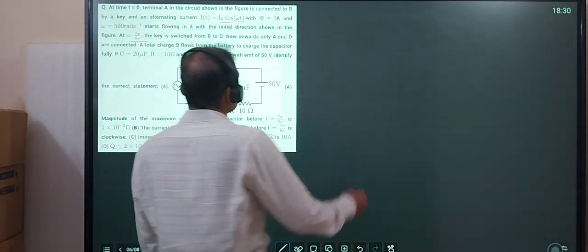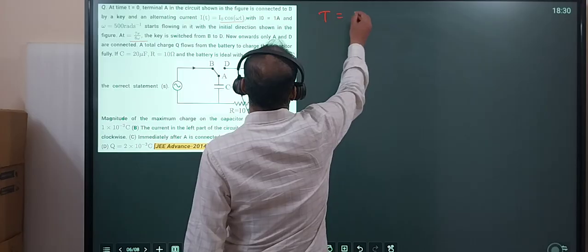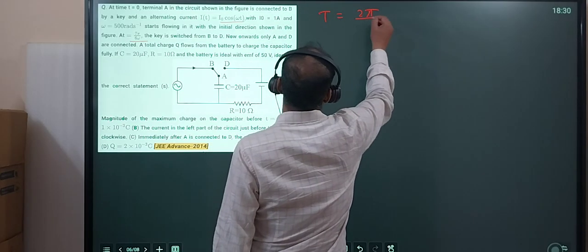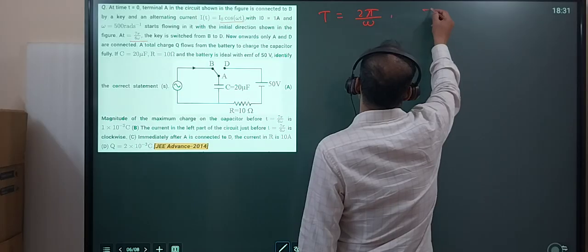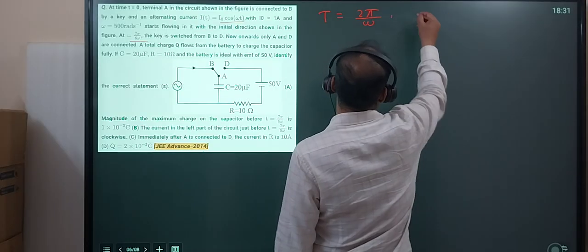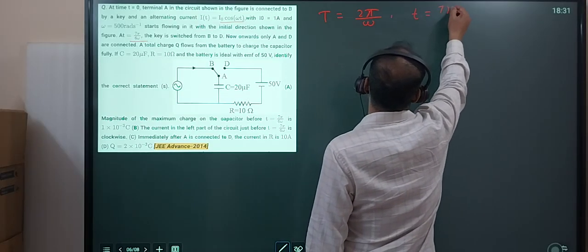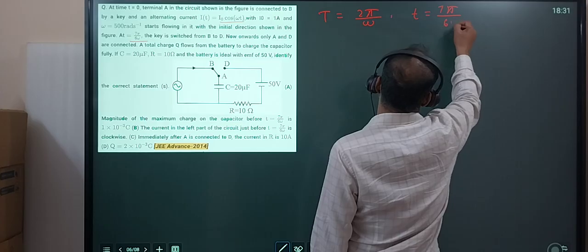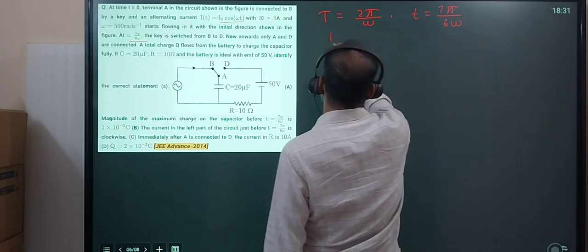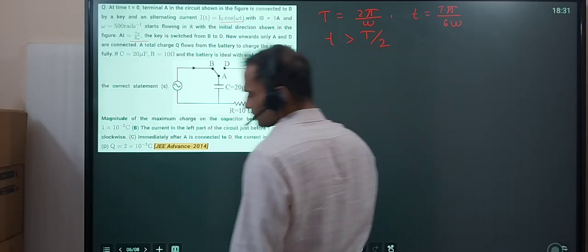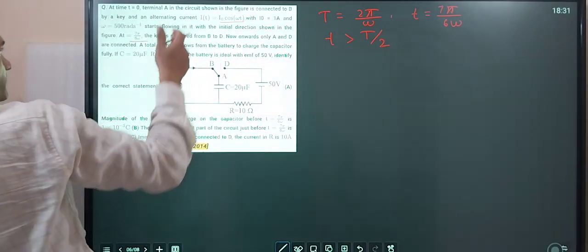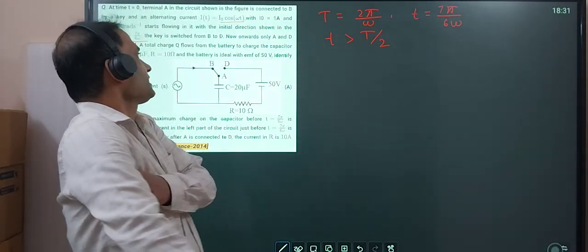Now see, time period is 2 pi by omega, right? And this time is given as 7 pi by 6 omega. So this t is more than T by 2. Okay, I don't know if we are going to use this information, but I just wrote it.